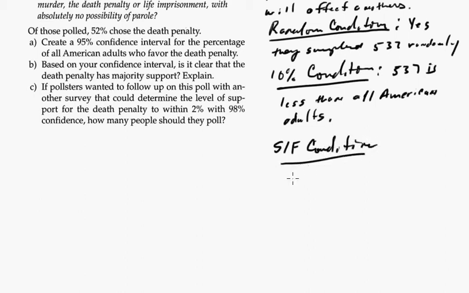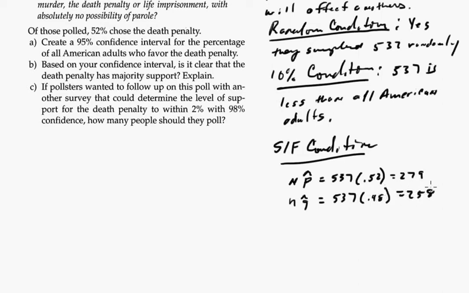So we have n times p, and it would be n times p hat. So that n is 537 times 0.52, and that comes out to be 279. And n times q hat is 537 times 0.48, and that comes out to be 258.